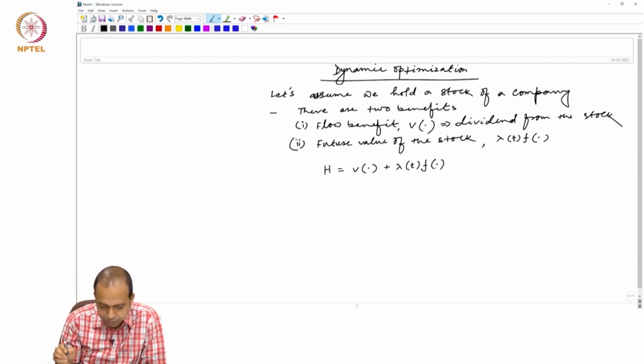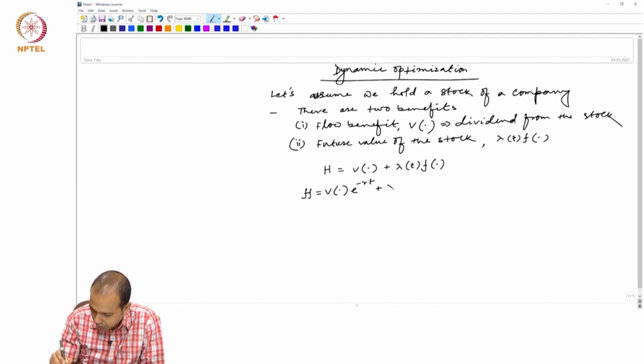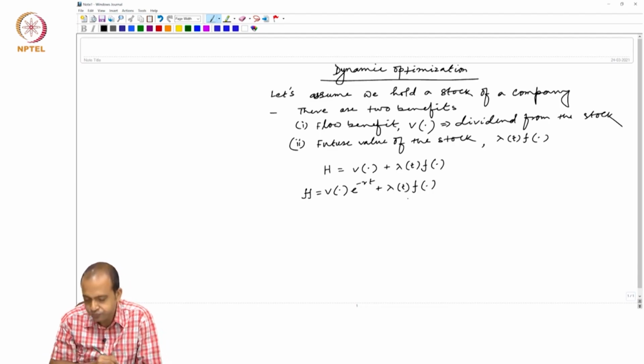So, then what we can write is that if we multiply this, h equals v function e to the power minus r t plus lambda t into f dot.